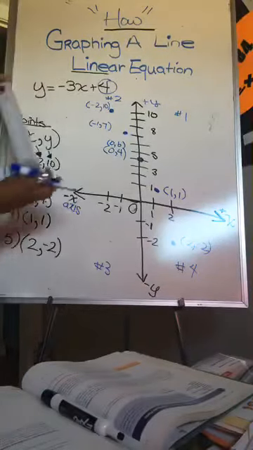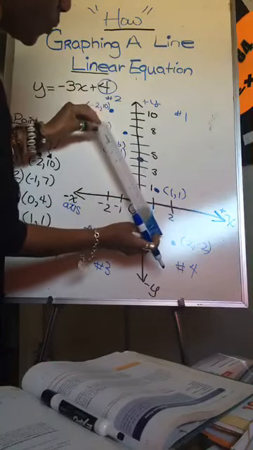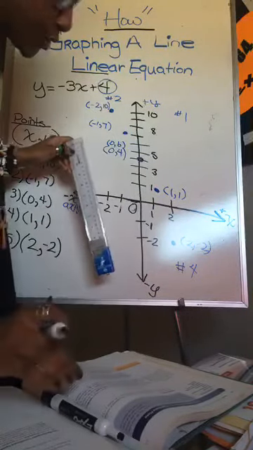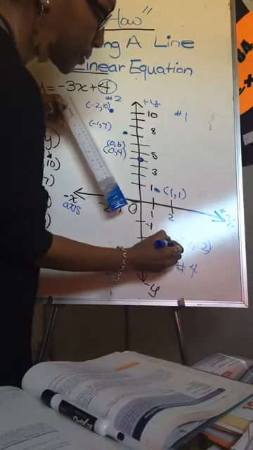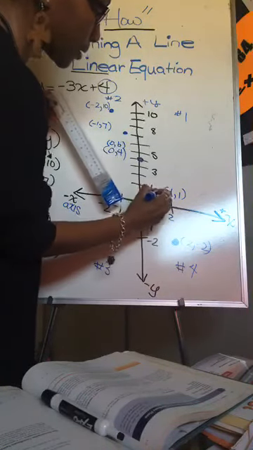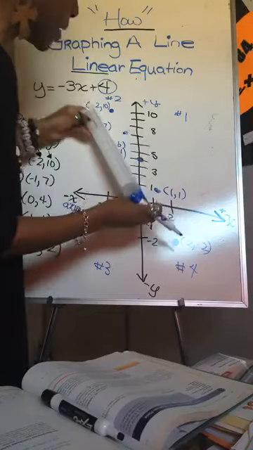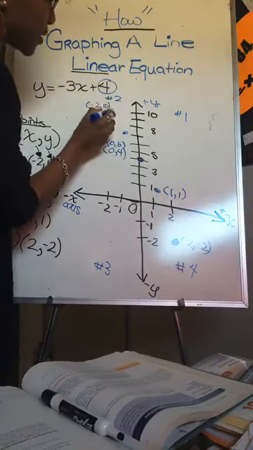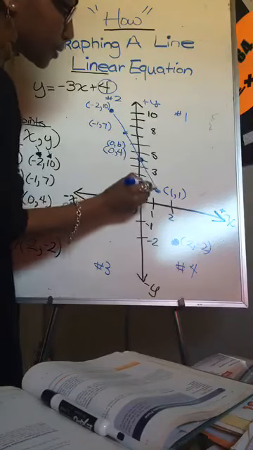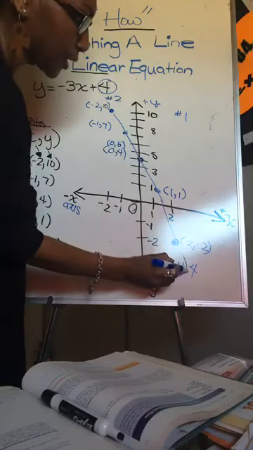I need to bring that over too, but it's a little off. Let's make my points a little bigger so I can connect them. When we connect our points, it's not perfect, but it should be a straight line.